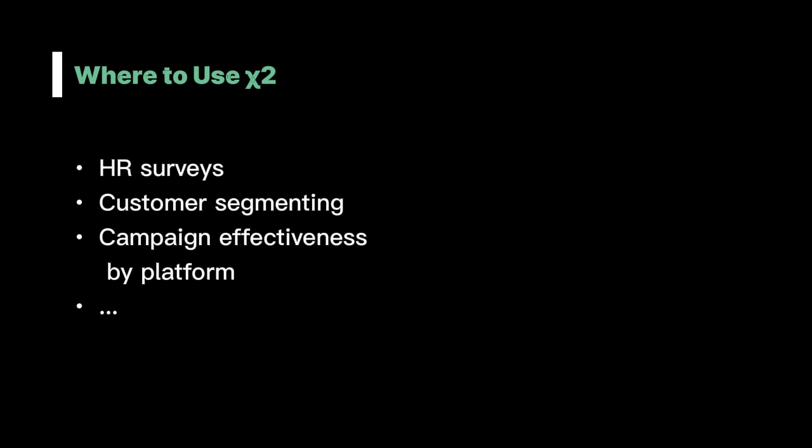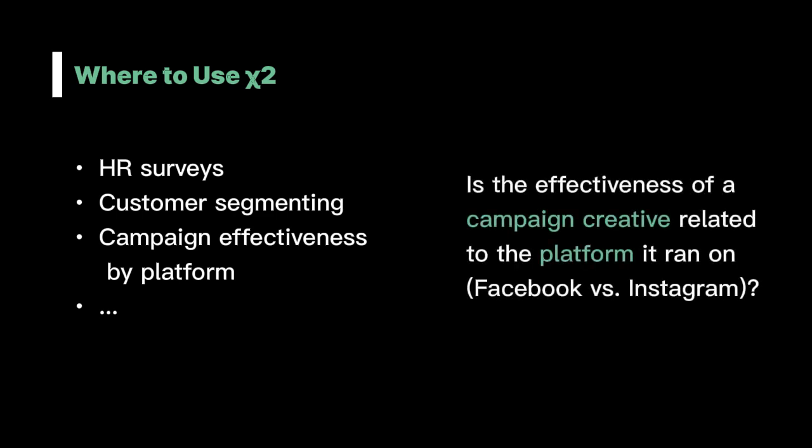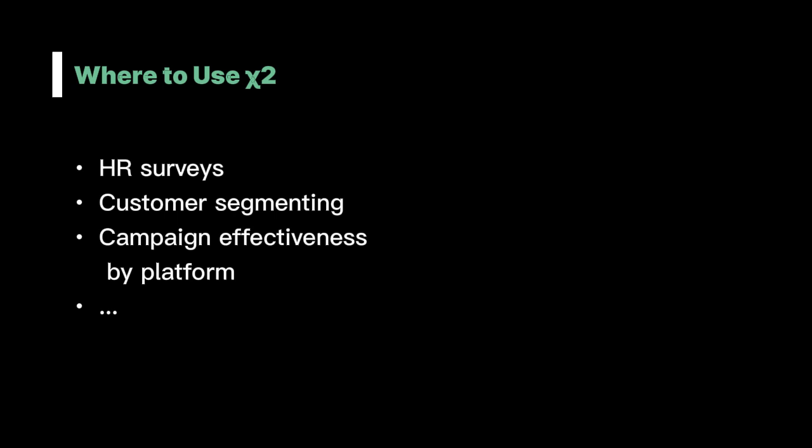Or when it comes to marketing, is the effectiveness of a campaign creative related to the platform it ran on, like Facebook versus Instagram? This test gives you the objective evidence to decide where to focus your resources.